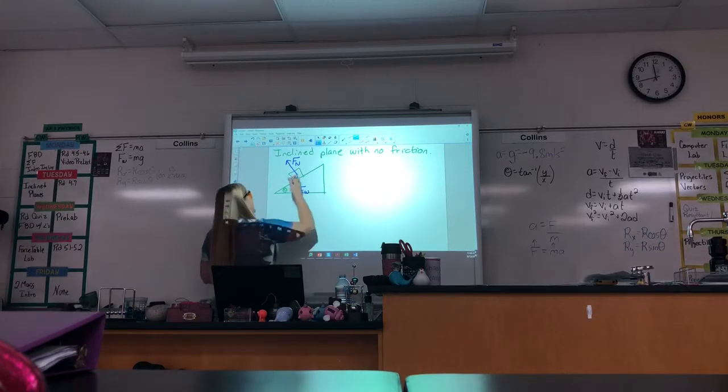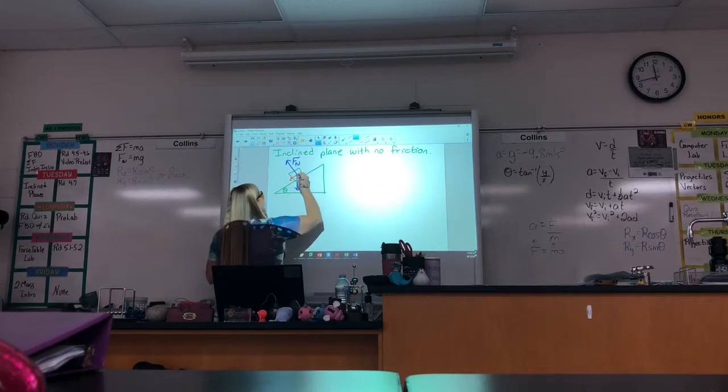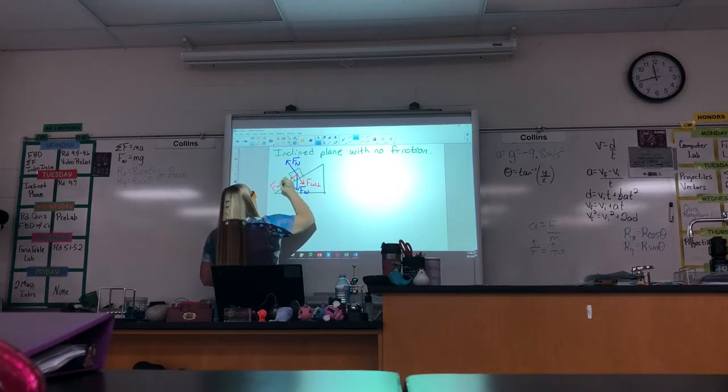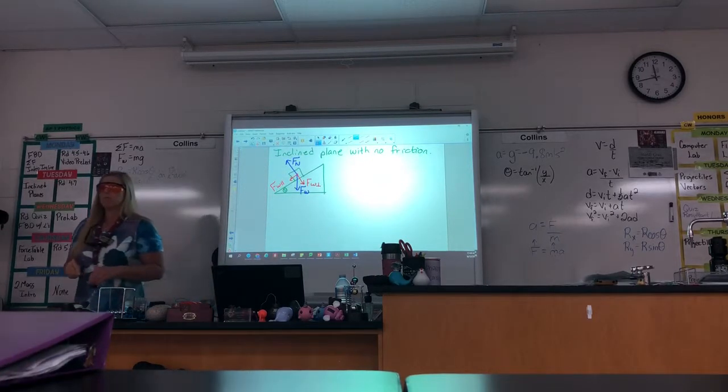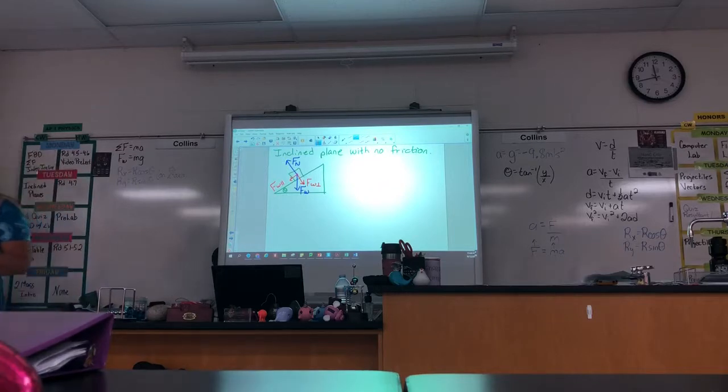Remember, the components don't count as real forces. They are just a tool to solve the problem. All right, so from here, you're going to write your statements for your components, like what the components are equal to, and then start your net force equations.